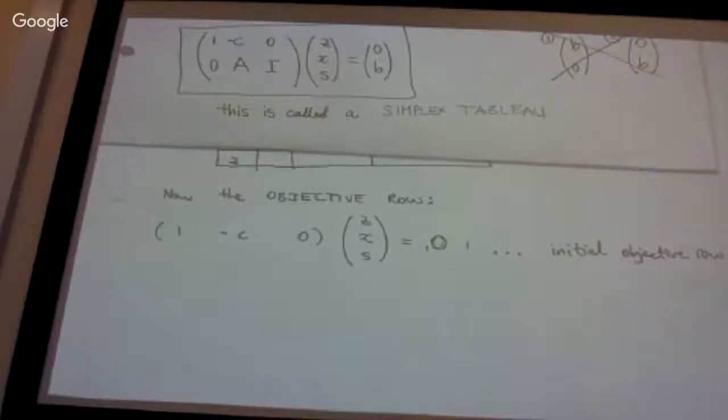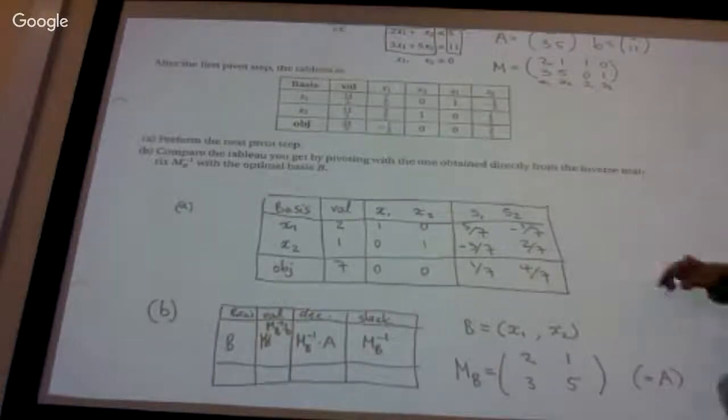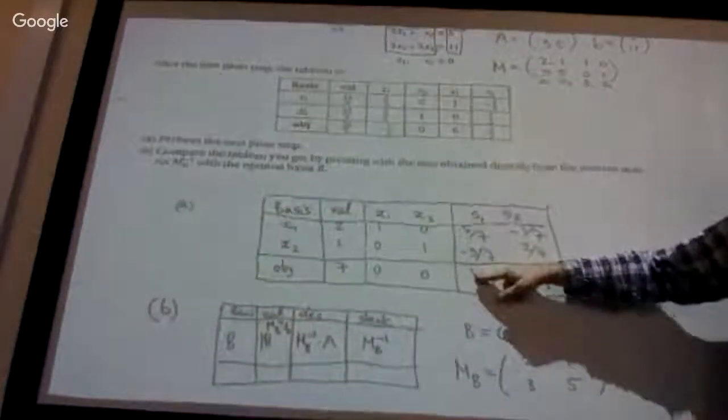So what happens to this row is that I keep taking some. So what do I do when I pivot? Okay, what do I do when I do a pivot step? Go back to here. So how do I go from this objective row to this objective row?